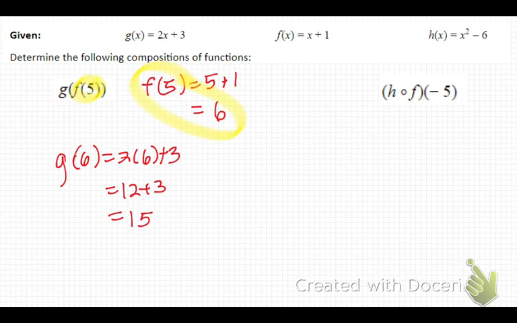Okay, so I have h of f of negative 5. Yes, JJ, I'm going to find f of negative 5 first because that's my inner function. Now, if you forgot, you can always rewrite this because those are the same thing in different notation.